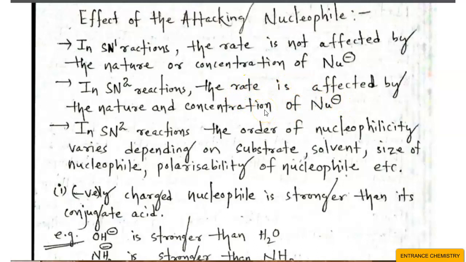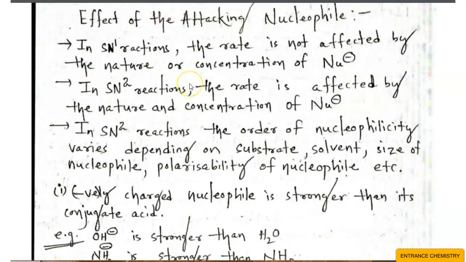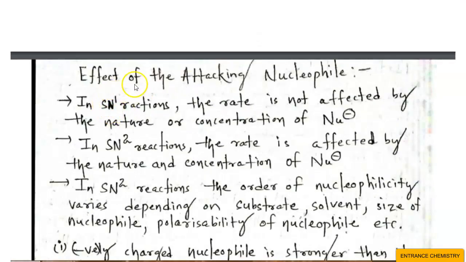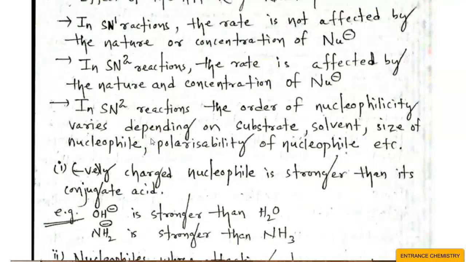SN2 reaction is a second order reaction. So the rate is affected by the nature and concentration of a nucleophile. So in this part, that is effect of attacking nucleophile, we will talk about SN2 reactions.